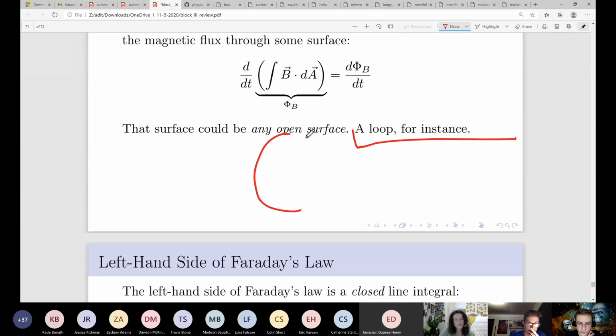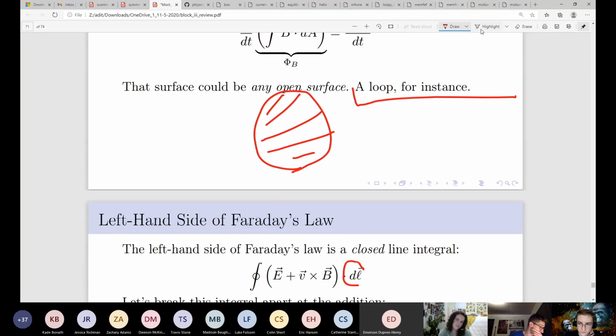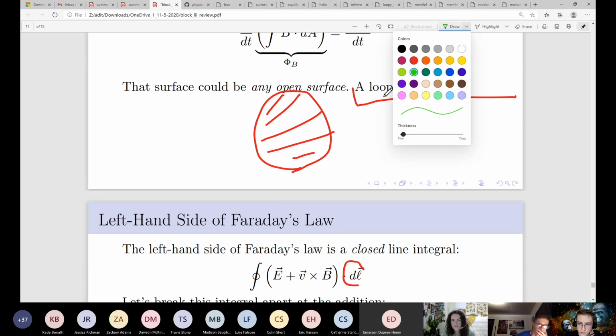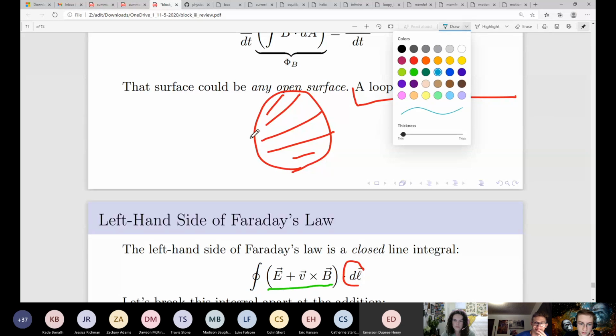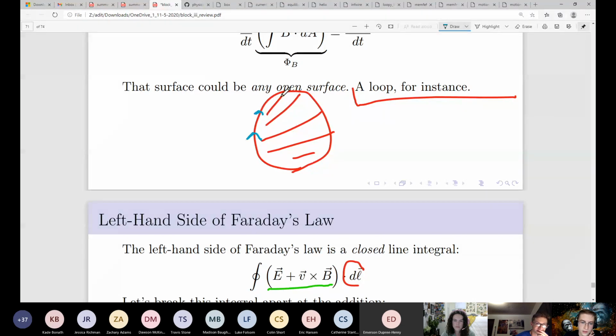So maybe we have some open surface here, and we're considering the flux through that open surface. Then the left-hand side of Faraday's law is just going to be the line integral of this scary quantity on the boundary of that surface. So going along the boundary.